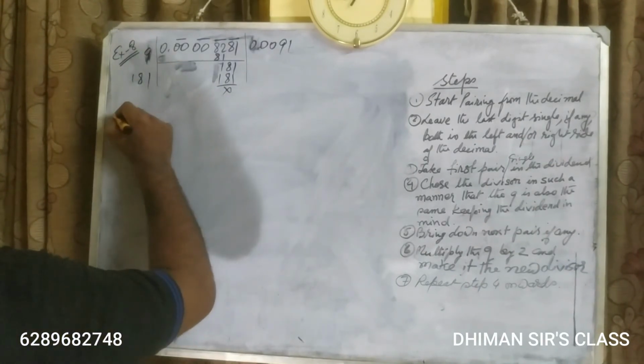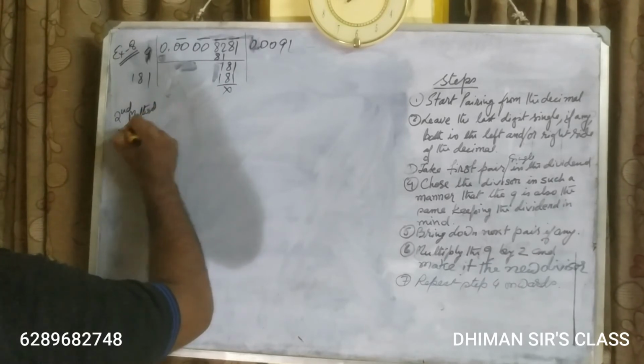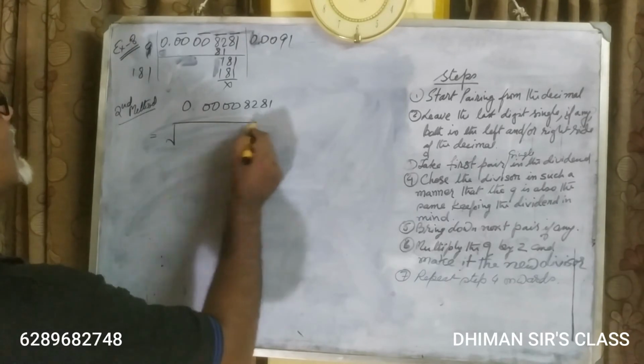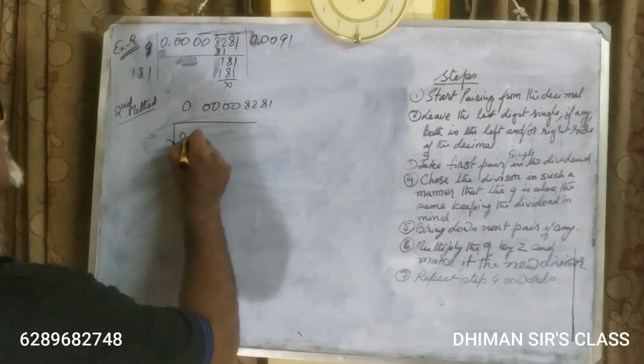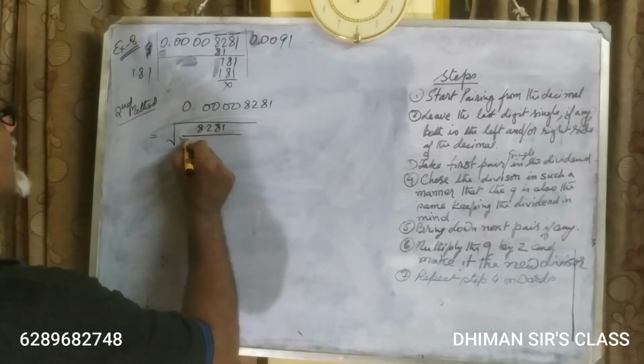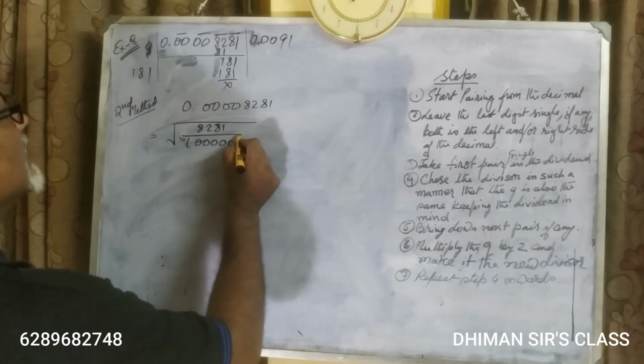Second method. This can also be done in the other method. Is equal to 8281 by 10 to the power 8.